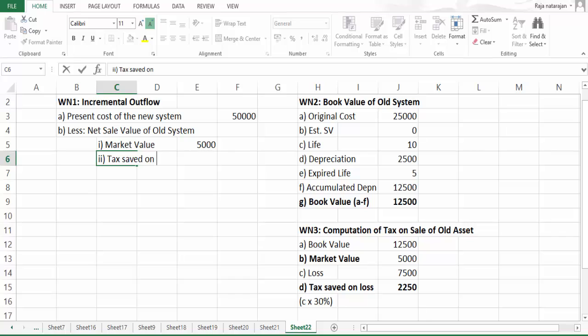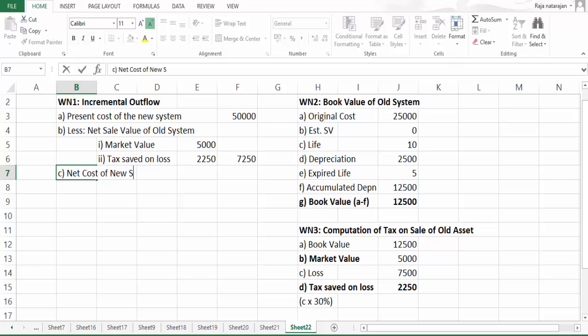So item number 2, tax saved on loss, and how much is that? It is 2,250. So these two put together will let you know what is the total sale profits, which is 5,000 plus 2,250. Okay, so if you subtract this 7,250 from 50,000, you will get to know what is the net cost of new system.